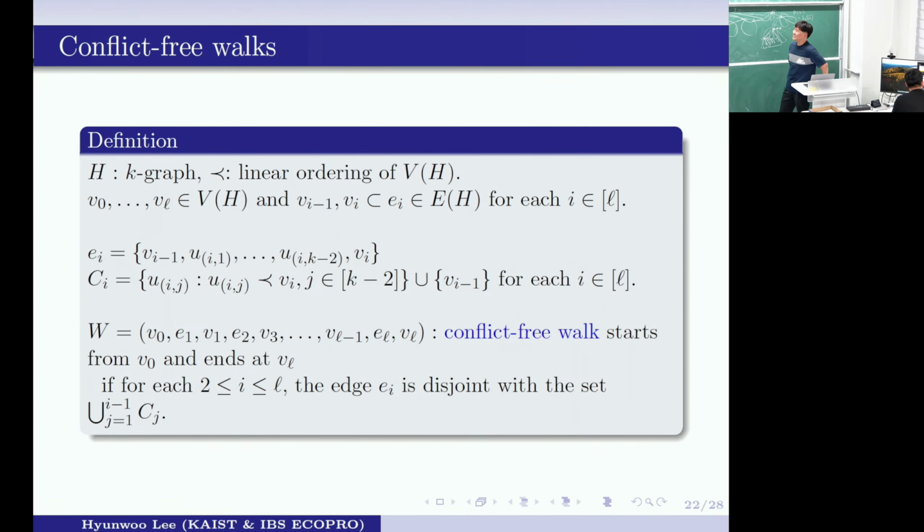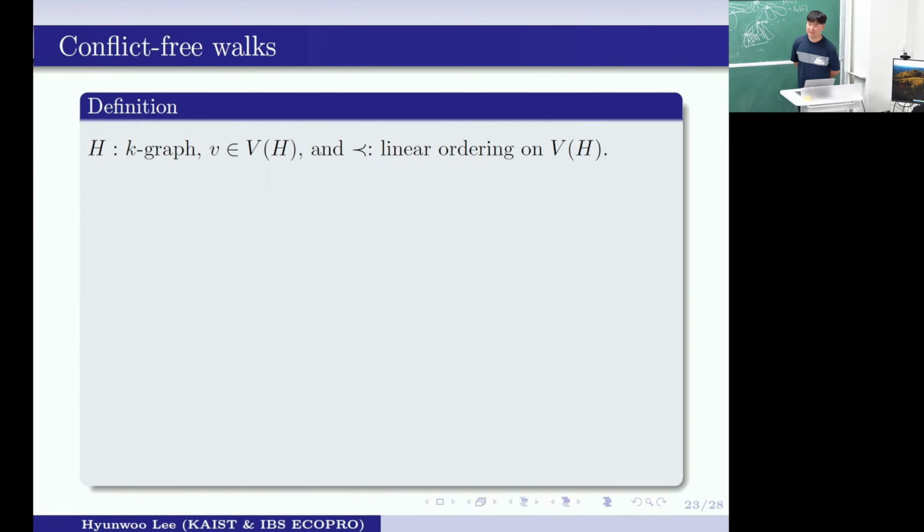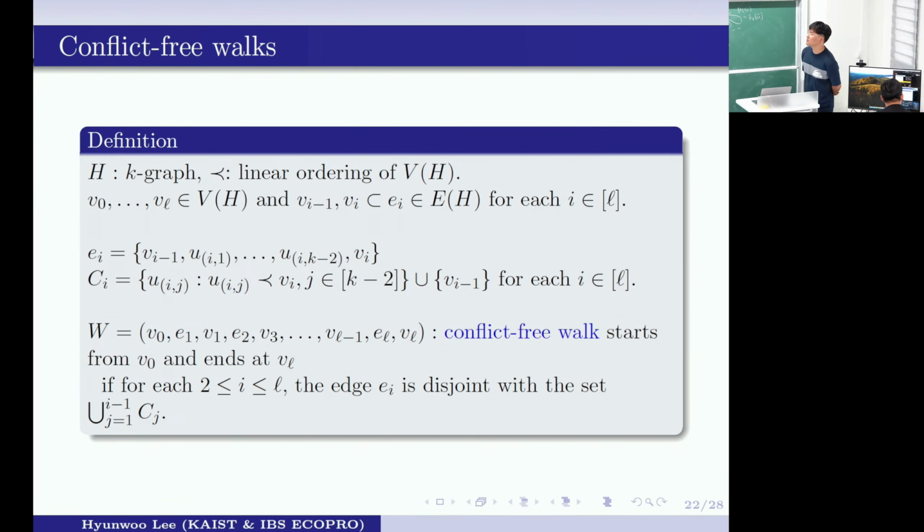This is the definition of the complete-free walk, and the motivation for it and for the introduction of the linear ordering was the chain rule of conditional probability. Does the choice of V_0 to V_L depend on the linear ordering?